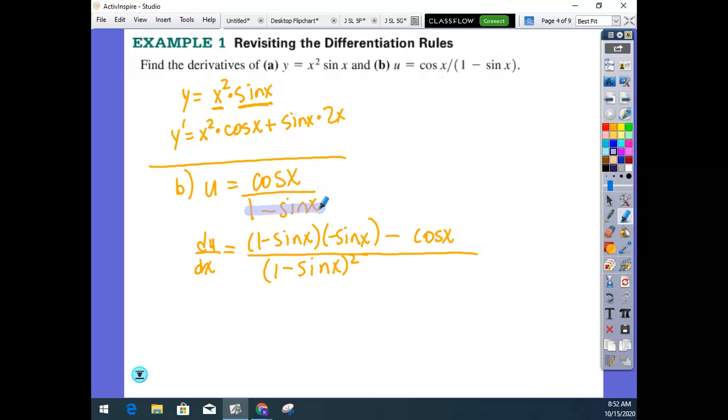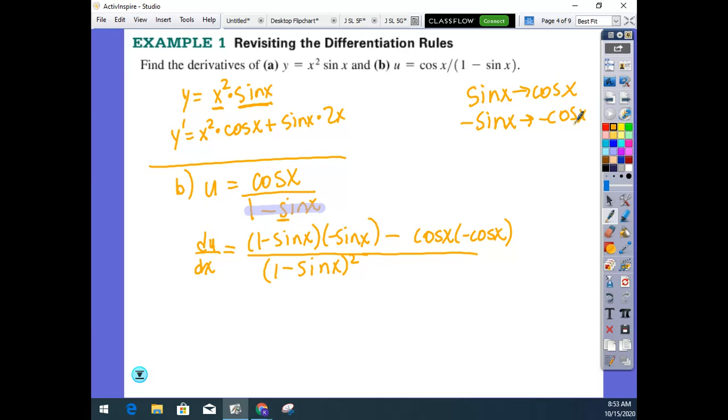Then the derivative of negative sine is negative cosine. The sine derivative will always have the same sign. Because I know the derivative of positive sine is positive cosine, so the derivative of negative sine is negative cosine.